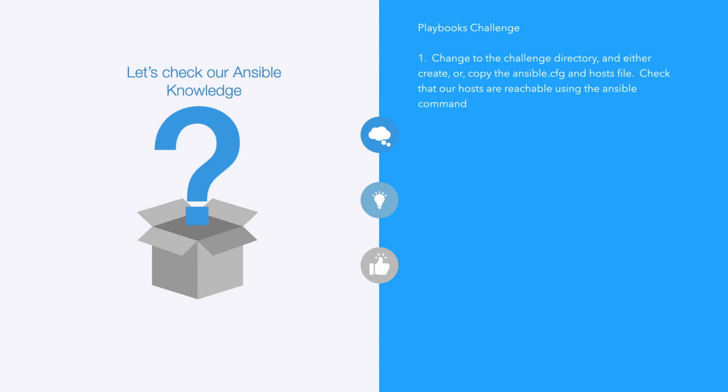So firstly, go to the challenge directory, so back one directory and into challenge. You either want to create or copy the existing ansible.cfg file and our inventory from a previous revision. Once you have that, check that Ansible can ping your hosts as expected.